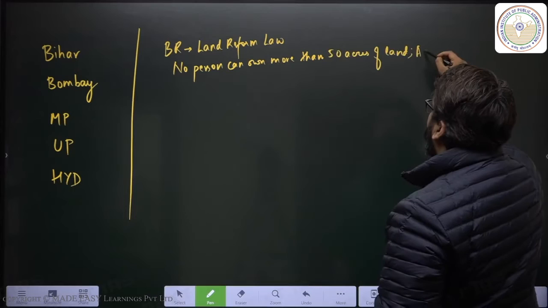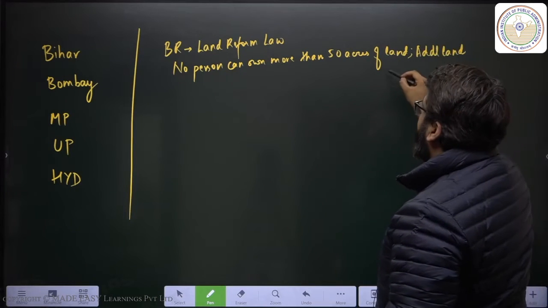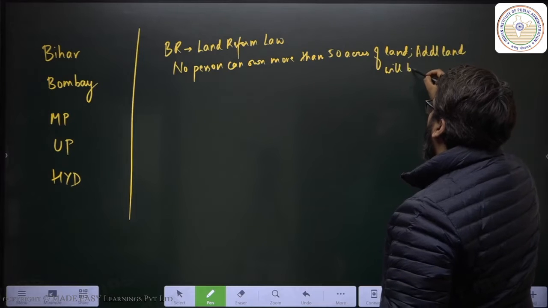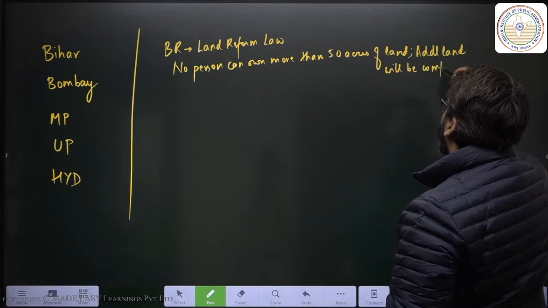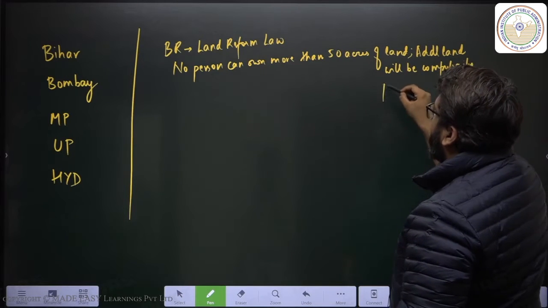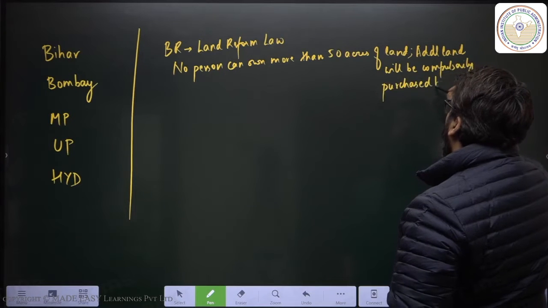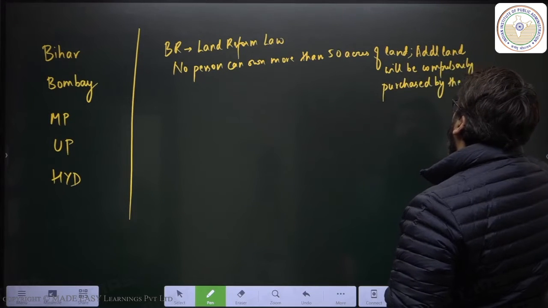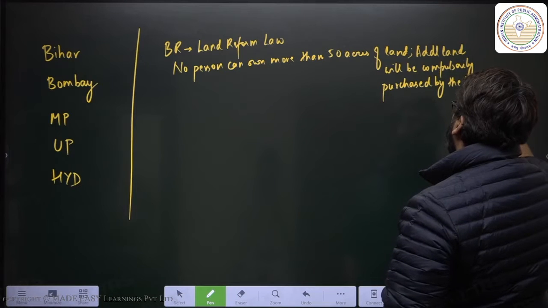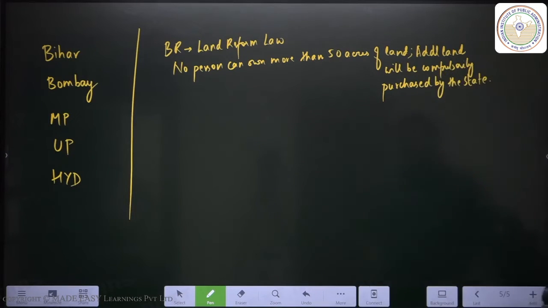Additional land will be compulsorily purchased by the state. Okay? Will be purchased by the state.